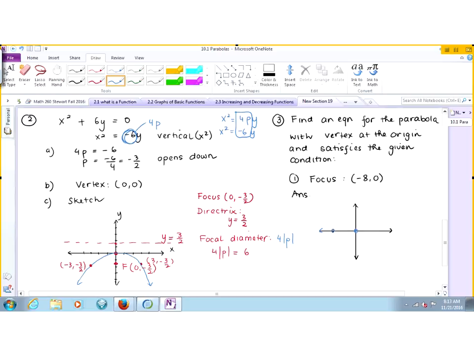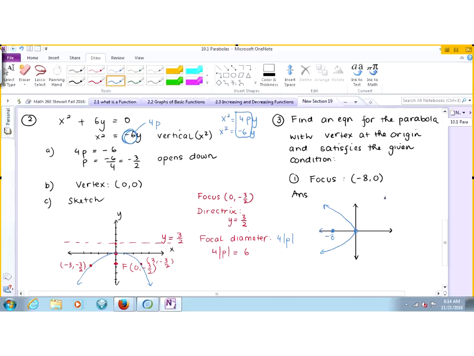Negative 8, 0. So where is it? To the left. So this is negative 8, 0. Then do we know if the parabola opens right, left, up, down? Yes. So it follows where the focus is. So this is a rough sketch. So you don't really have to do it well. This is just a rough sketch.